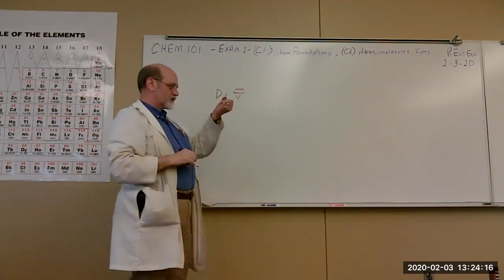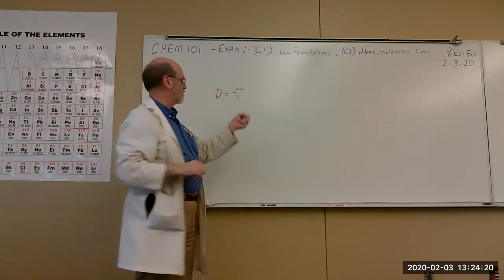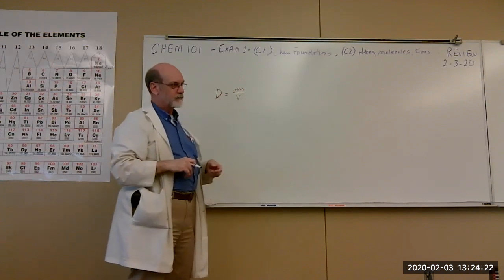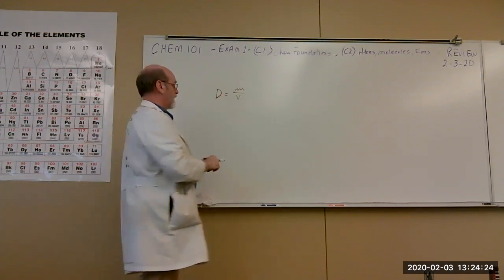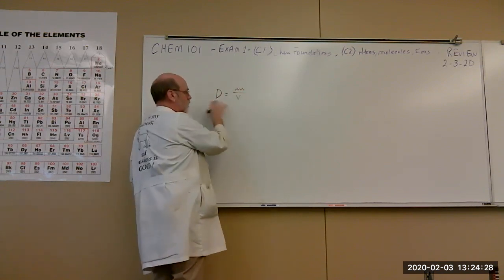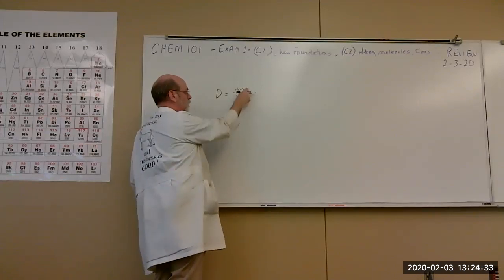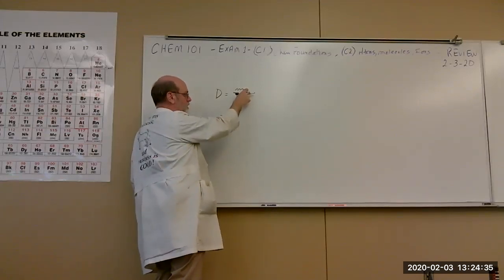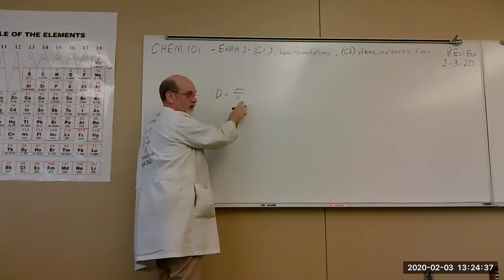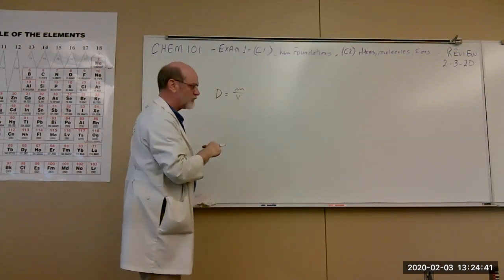So for that substance, you need to know what its volume is and then what that volume represents in terms of mass. Then you can calculate density. And it's like any other formula, right? These variables, if you know two of them, you can calculate the third. So if you know this one and this one, you know how much mass. If you know this one and this one, you know what volume it represents.